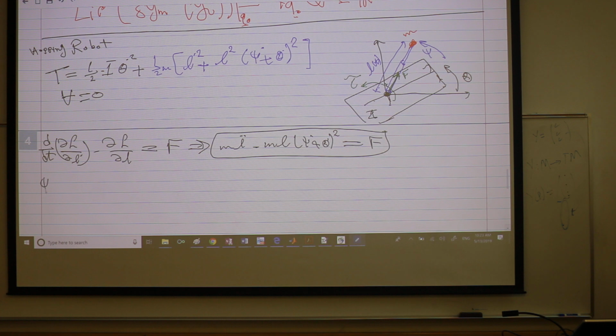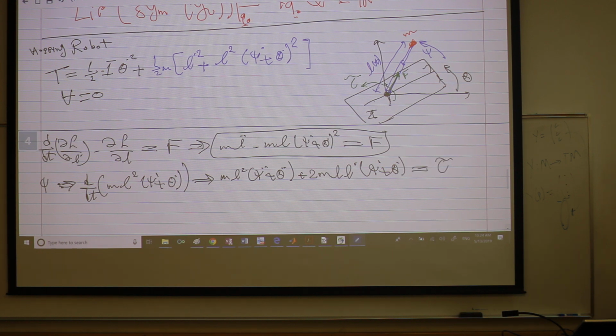You can do the second for psi, so d by dt, partial L partial psi dot, you get what? D by dt, and do it carefully please, because this is mL squared psi dot plus theta dot. All of them are time varying except the mass. So you get mL squared psi double dot plus theta double dot, and L is time varying too. So this is 2mL L dot psi dot plus theta dot, right? And this is the torque that you apply on the arm.